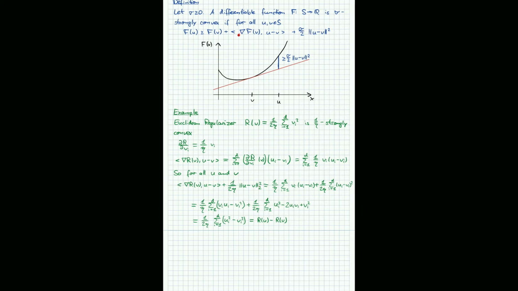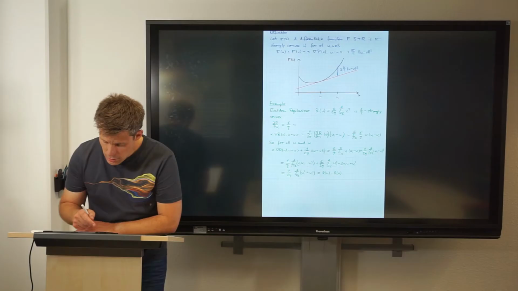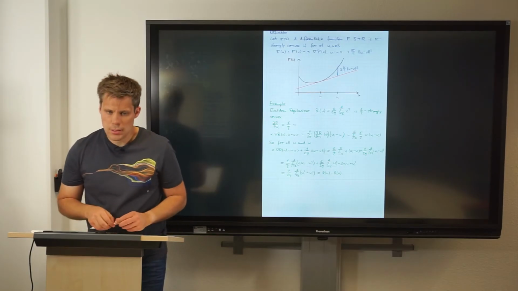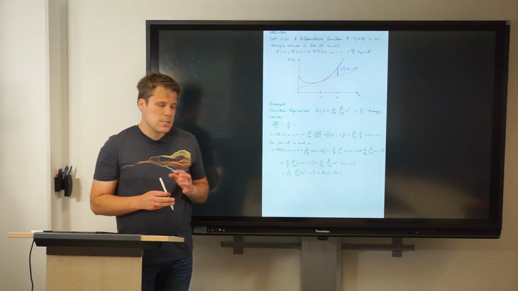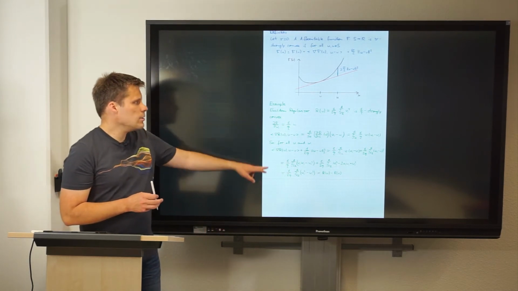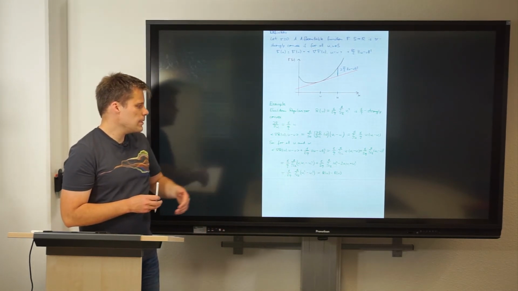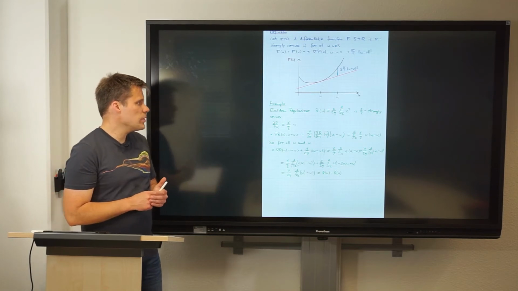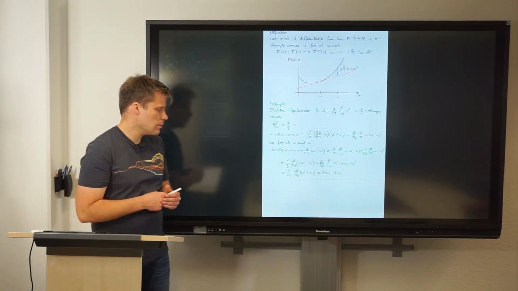And this is exactly what's here on the right hand side. Good. So this Euclidean regularization would be 1 over 2 eta strongly convex.